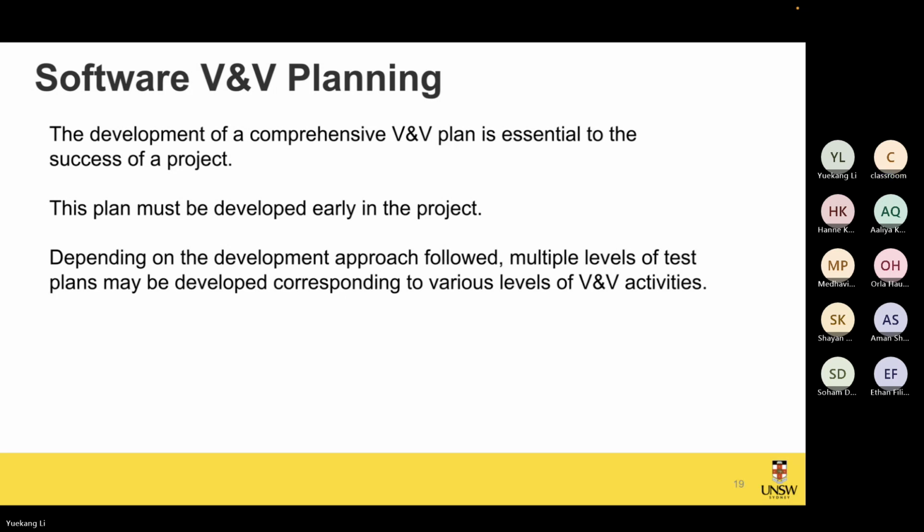So this is more related to the practical usage of different verification and validation techniques. Like we just mentioned, one of the limitations of these verification and validation techniques is the human factor, right? Because humans are the ones who plan the strategies of doing this process.